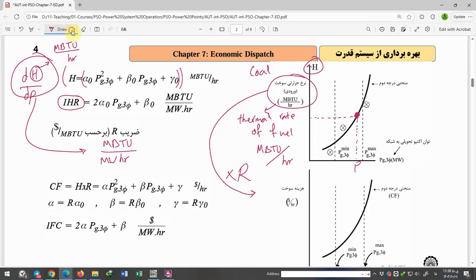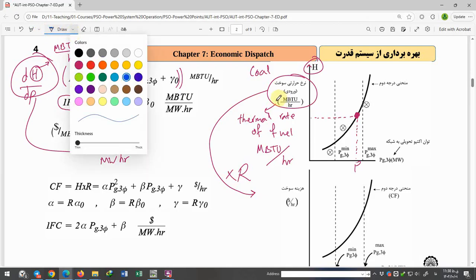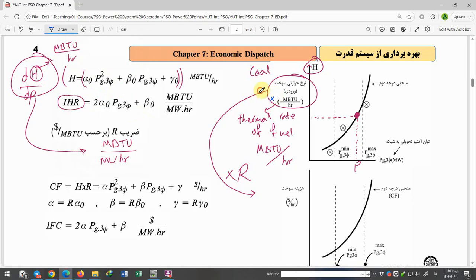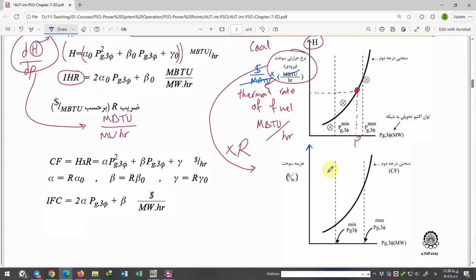If you multiply R by the vertical axis, the megaBTU is deleted and dollar per hour is substituted as the vertical axis here.